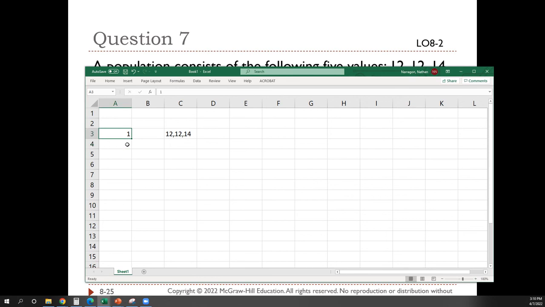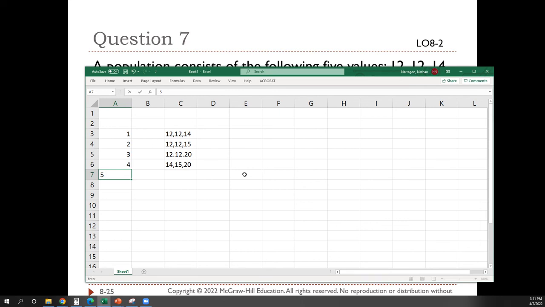There we go. Sample 2 will be 12, 12, 15. Sample 3 will be 12, 12, 20. Sample 4 will be 14, 15, 20.